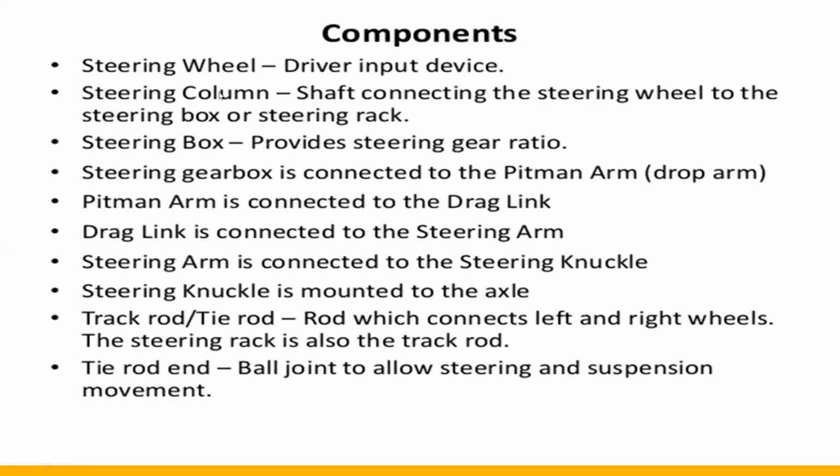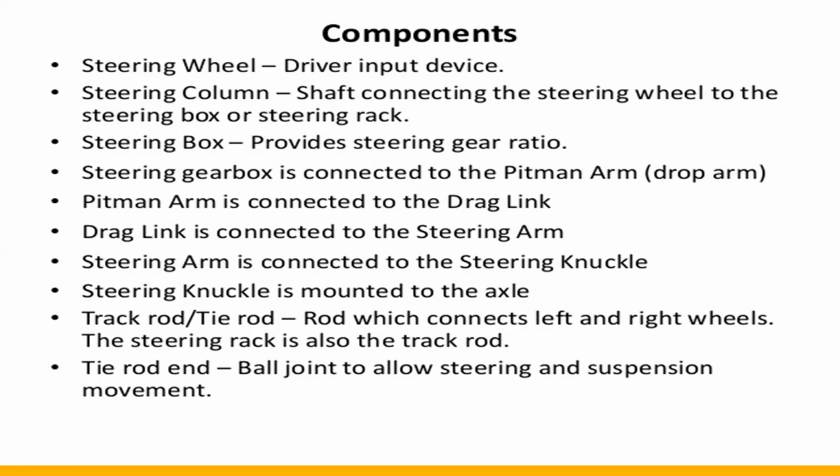Next, what are the different components in the steering system? You can see the different components here. The steering wheel is the driver input device, and the steering column is a shaft connecting the steering wheel to the steering box or steering rack. The steering box provides the steering gear ratio.